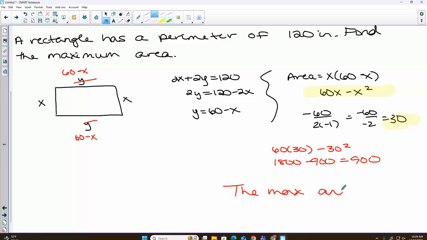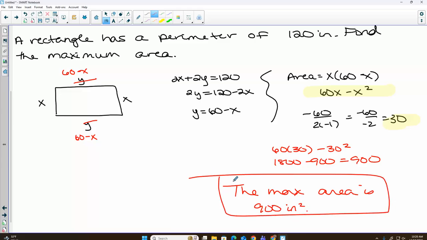So the maximum area is 900 square inches. That one okay?